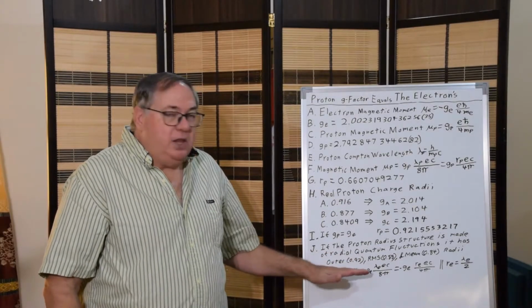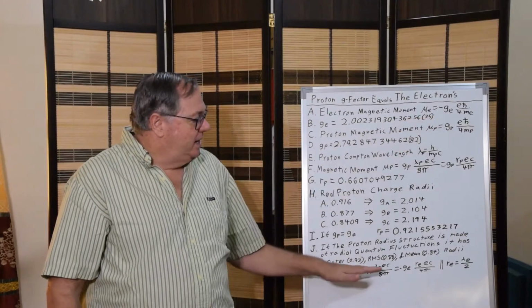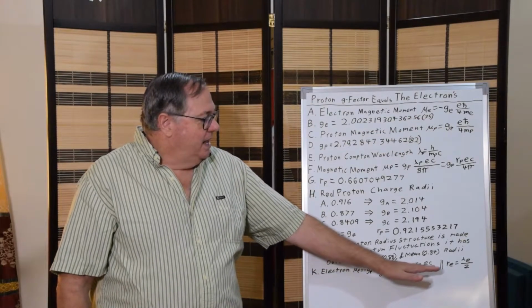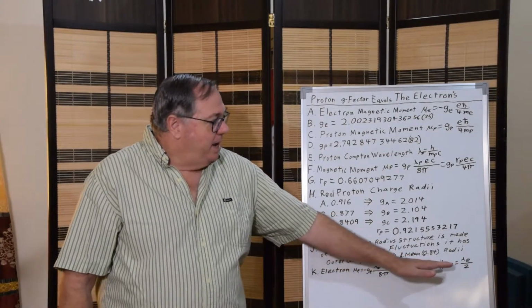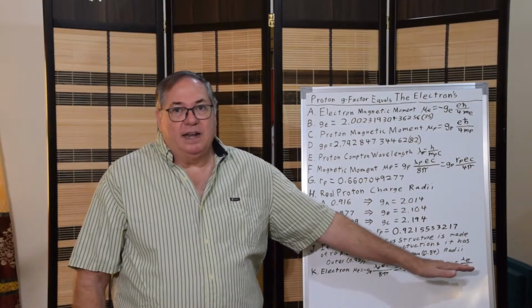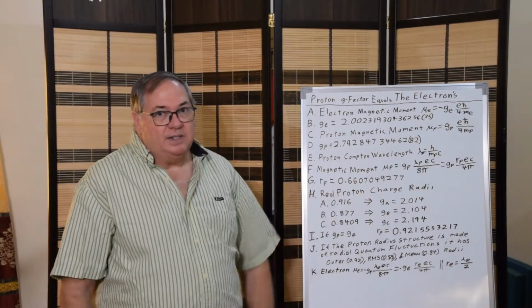Then, looking back at the electron, if you substitute in the electron Compton wavelength, you find out that that also works. But you actually get the correct radius. You don't have to fudge it to get the real radius like we do with the proton.